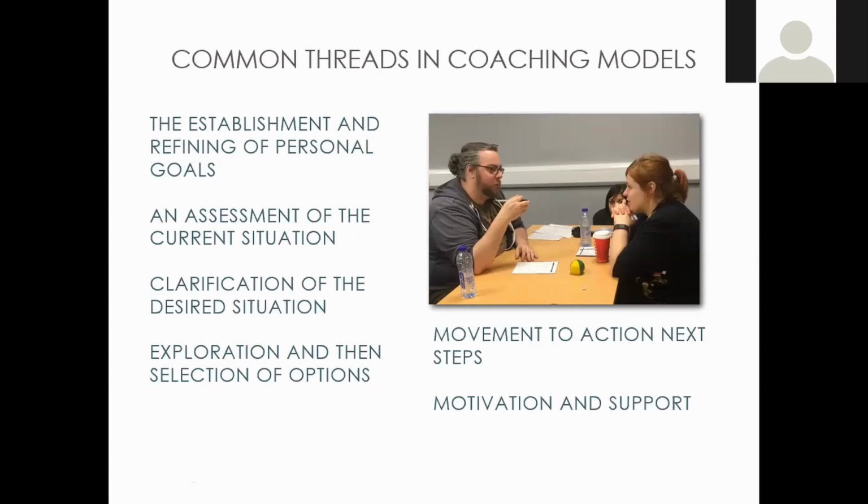I think fundamentally important, the coach needs a mindset about movement to action. The conversation, the dialogue, the discussion is useful, but what is it that we're going to do as a result of this? And of course, ongoing motivation and support for the person being coached in achieving that.